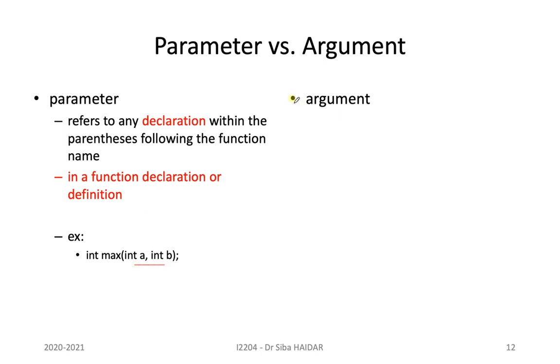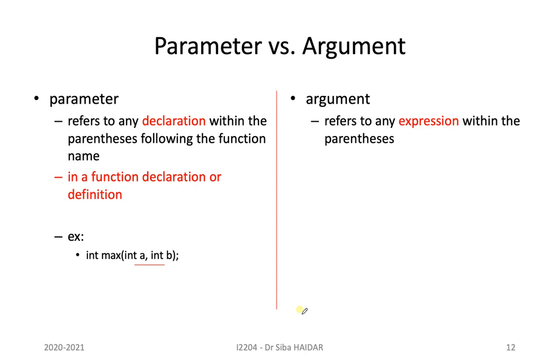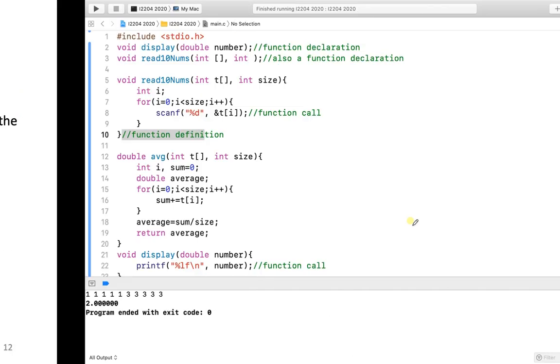However, what is an argument? An argument refers to any expression within the parentheses also, but of a function call. Example, int m equal max of 3 comma x. 3 is an argument because this is an expression. x also is another argument.